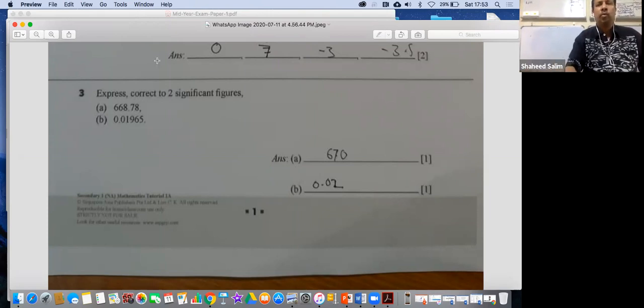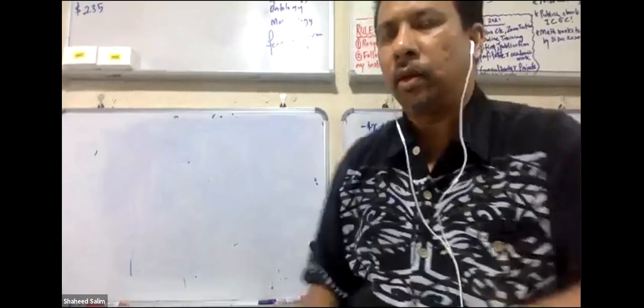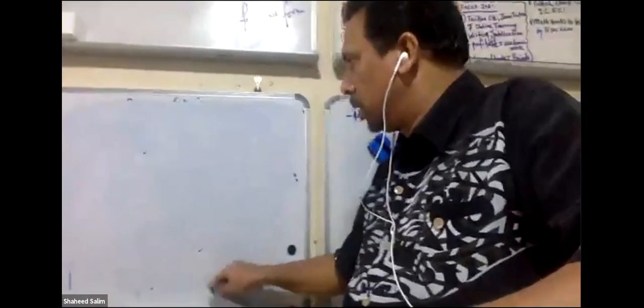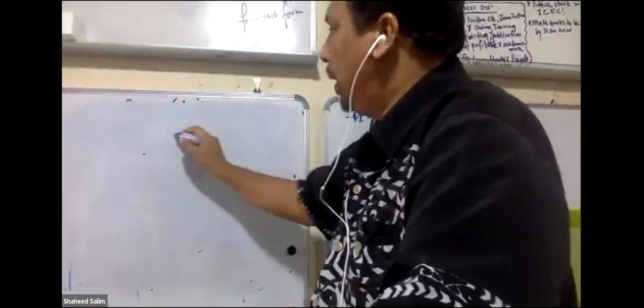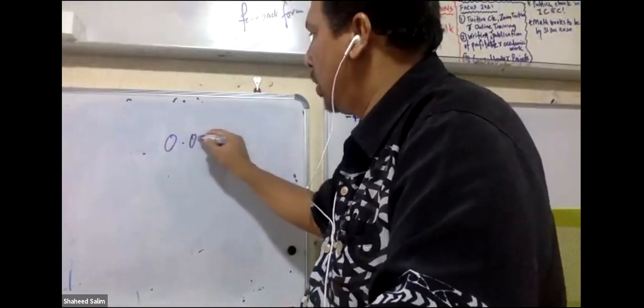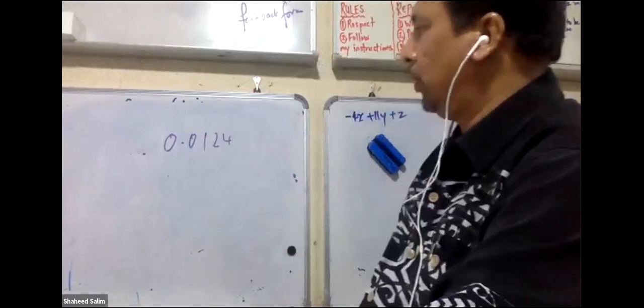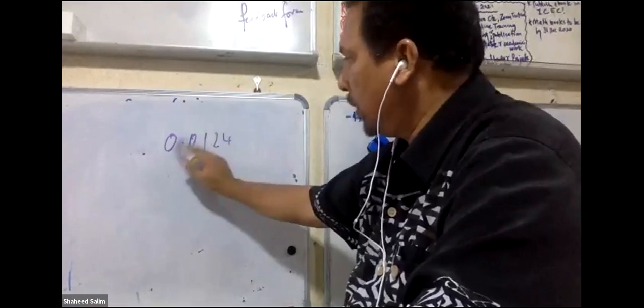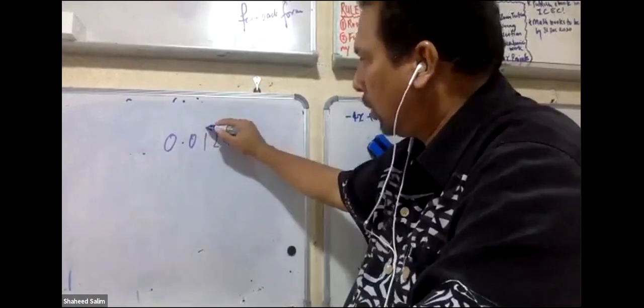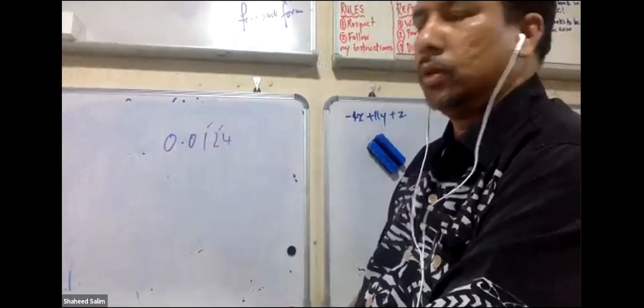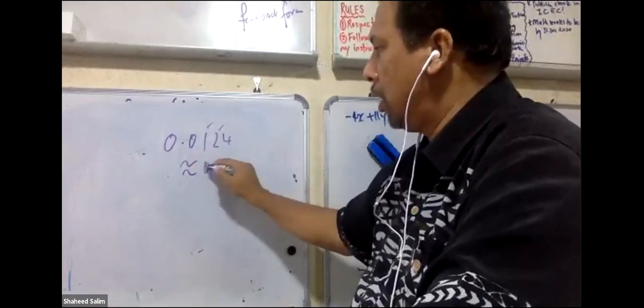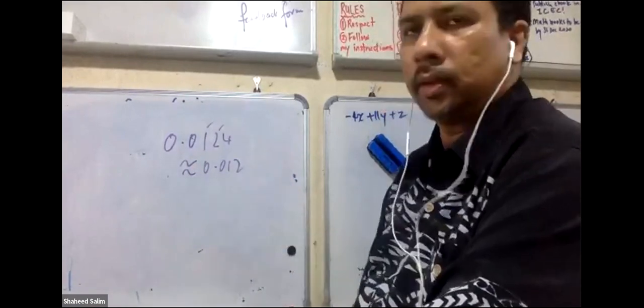I'll show you what I mean. Now down here, we ask for 0.0124. If they say 2 significant figures, you count the first 0, the second 0 is not counted. So 2 significant figures is 0.012.